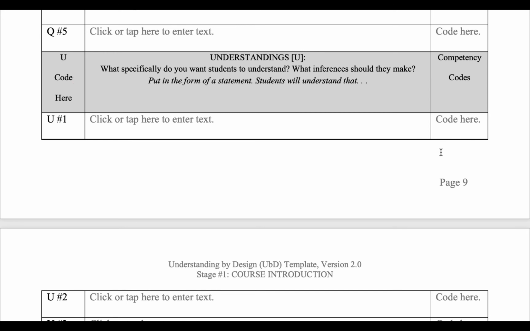So again, we're going backward. We're going to get down to skills and knowledge last. So we're building these blocks, putting the blocks together for understandings. They can use those understandings to discuss and interact with the essential questions. Again, we're going to identify the competency that this understanding links back to.